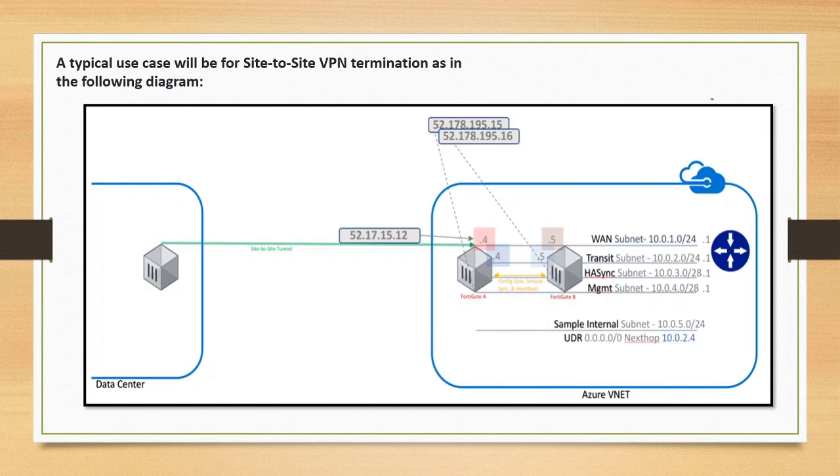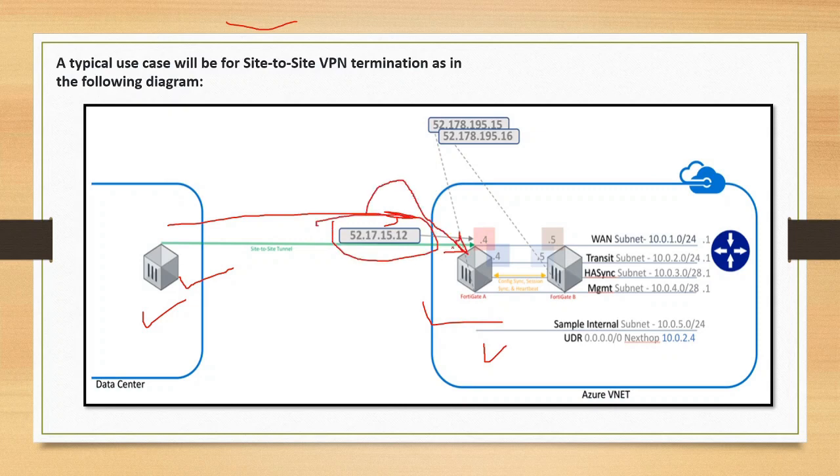Let me discuss some failover scenarios. In this diagram, let's suppose you have configured a site-to-site VPN between your FortiGate firewall in Azure Cloud and your data center, which is your on-prem. This public IP address will be mapped to the primary firewall.